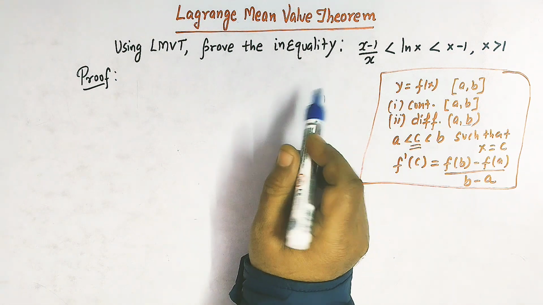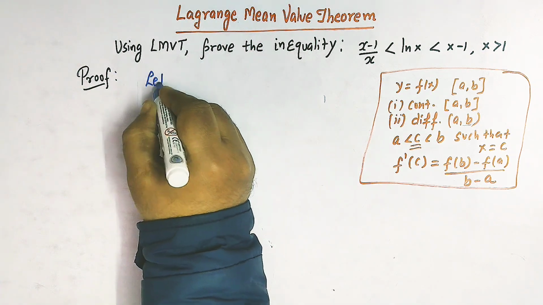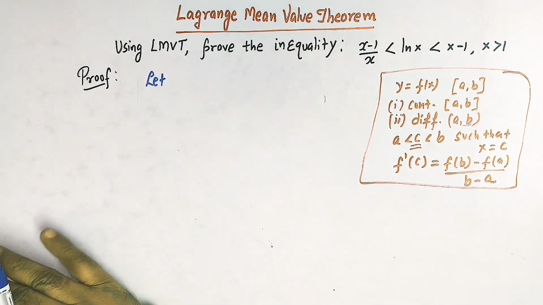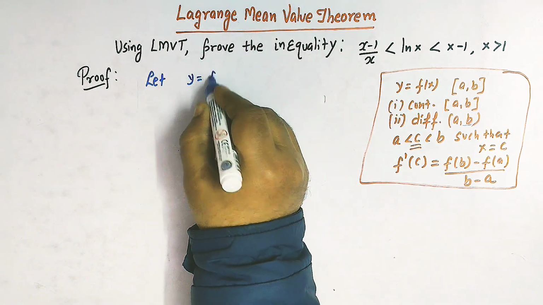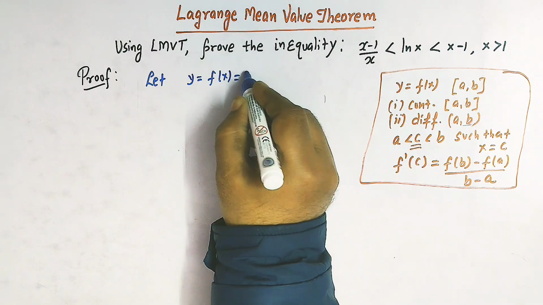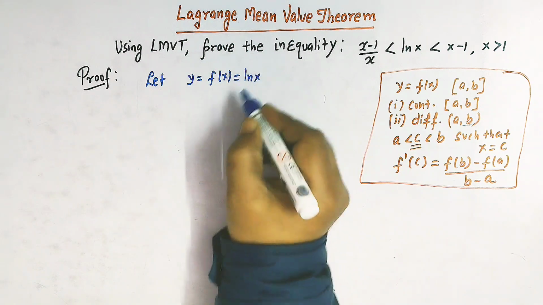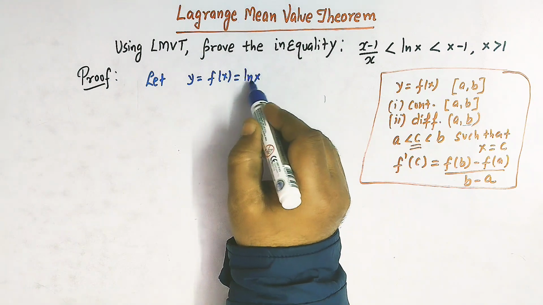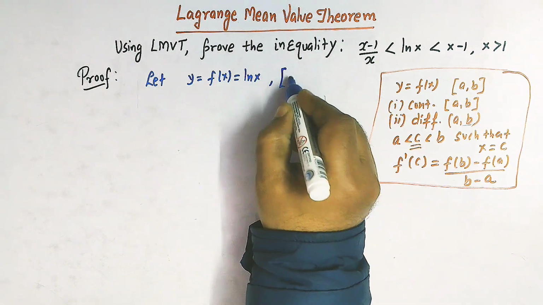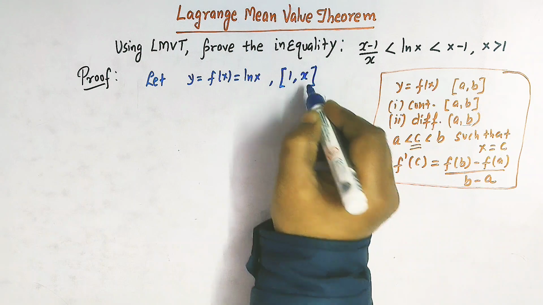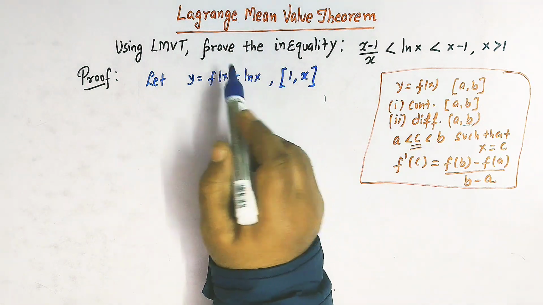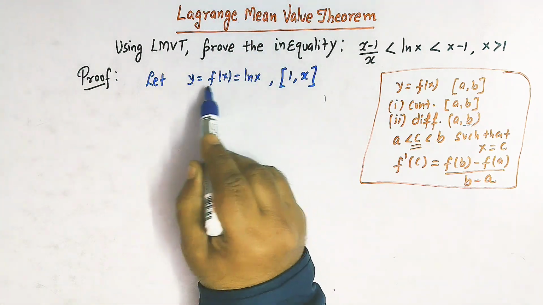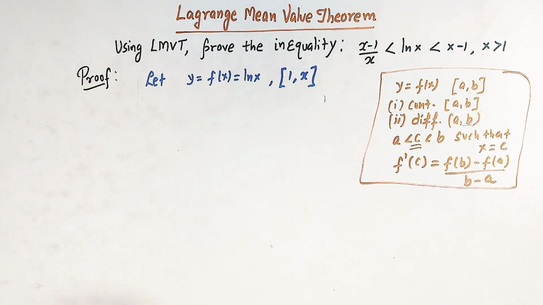So to prove this inequality, let us first frame a suitable function. So let us take a function y is equal to f of x, that is equal to log of x, and let us define this function in the interval 1 comma x. And we'll first apply the conditions of Lagrange mean value theorem to this function, and then we'll proceed further.